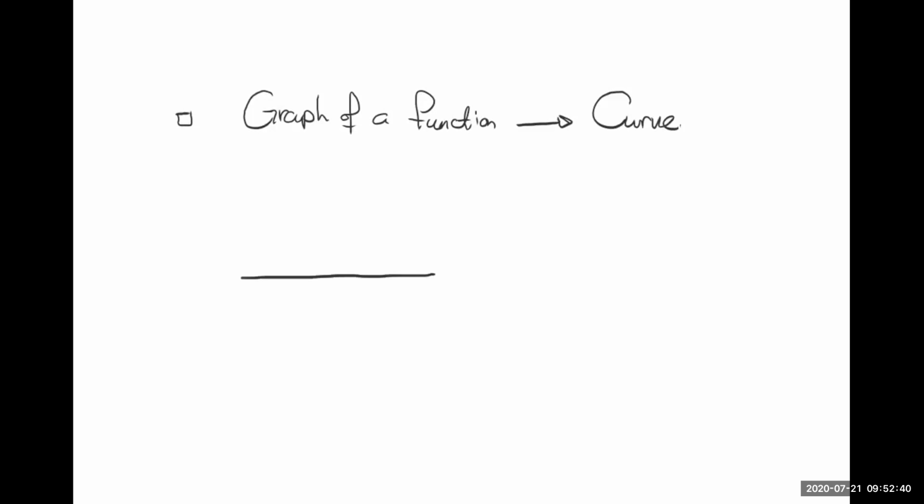Well, look at the graph of a function, say y equals x squared. This is the graph of this function, but it's also a curve, right? I can imagine a particle moving along the graph of this function. It goes there, goes up, just walks on this graph.